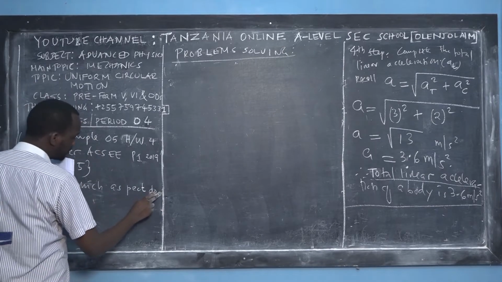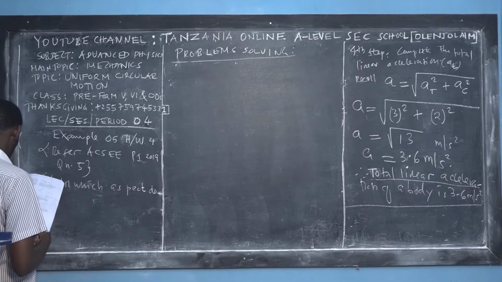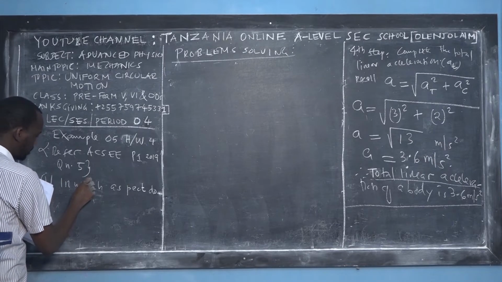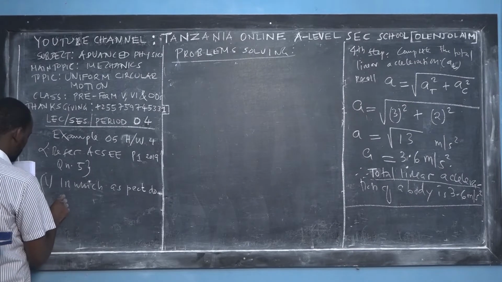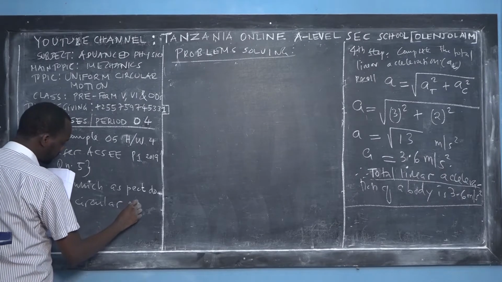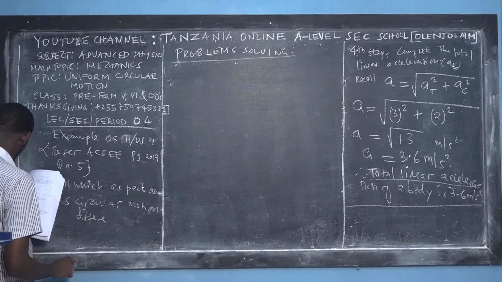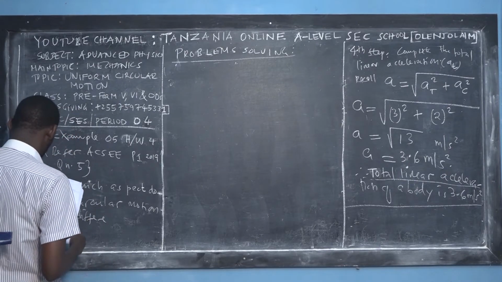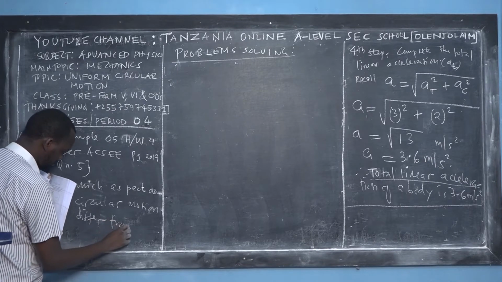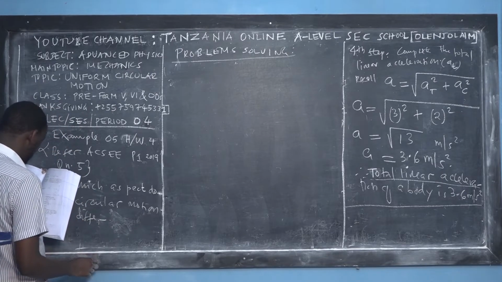In which aspect does circular motion differ from linear motion?